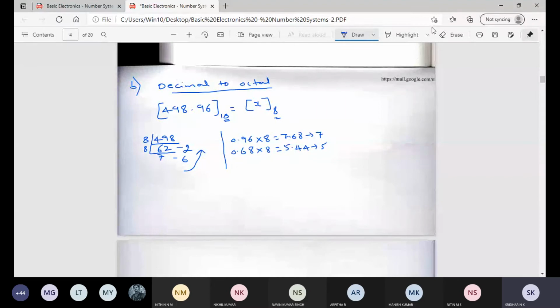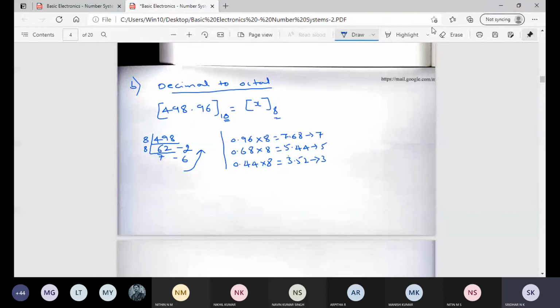Take down the integer part, and the fraction 0.44 is moved to the next iteration. 0.52, correct? Yes, sir. You stop here. Note this down from top to down.